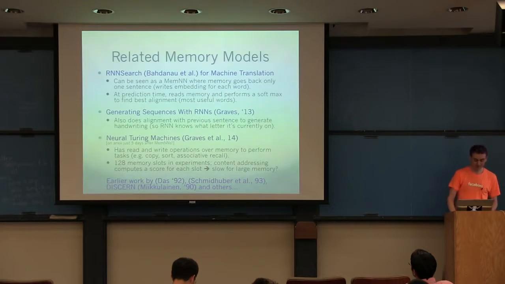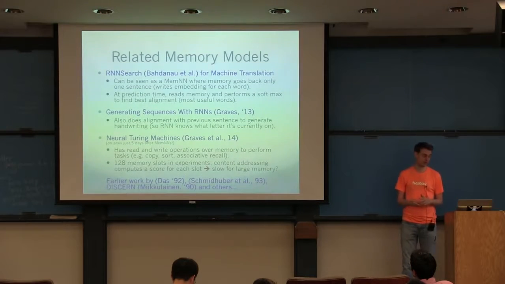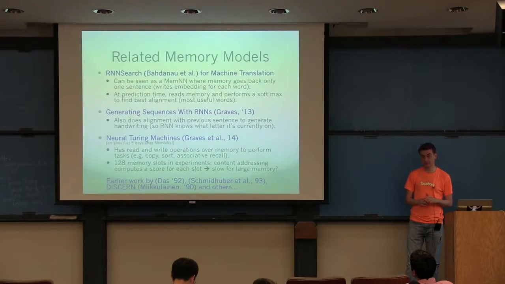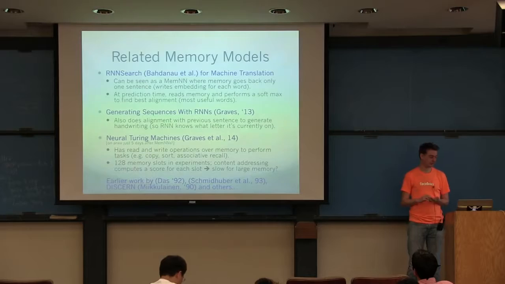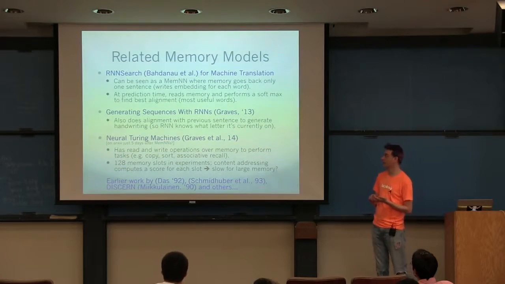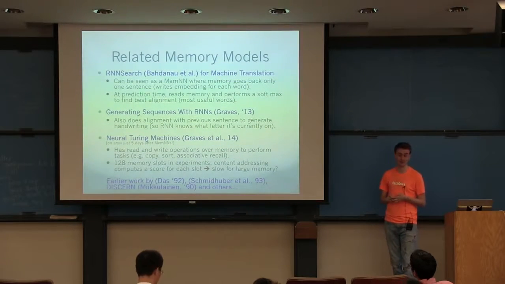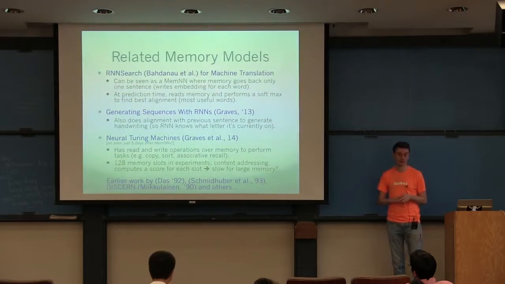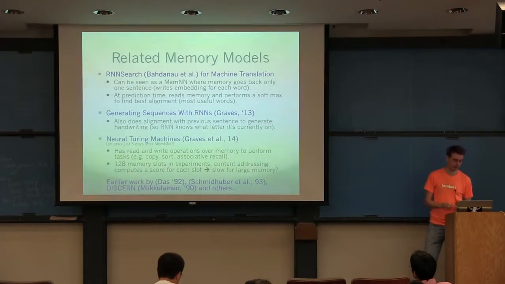There's actually been a bunch of work just in the last couple of years where people are starting to get interested in memory and attention with models. Here I'm just mentioning a few of them. The first one is RNN search, which is a model for machine translation from Yoshua Bengio's group, Bahdanau et al., he's the first author.